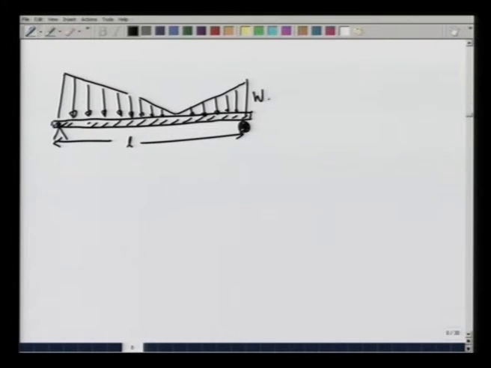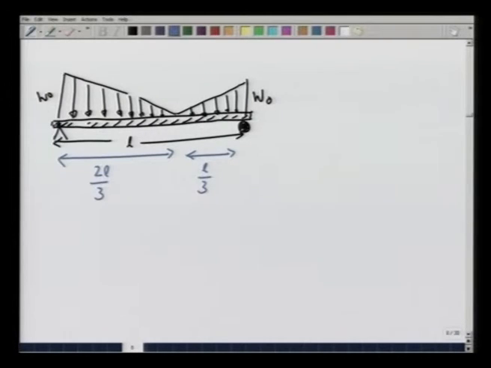With these being w 0, w 0, this length being 2 L by 3, and this length therefore being L by 3. And I wish to calculate the reactions at the pin joint and at the roller.